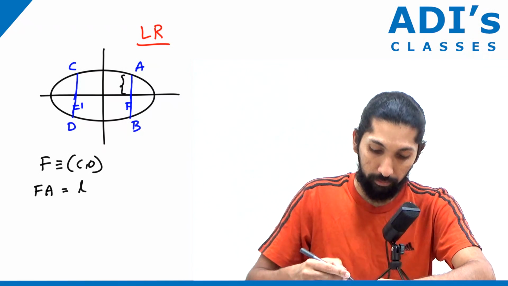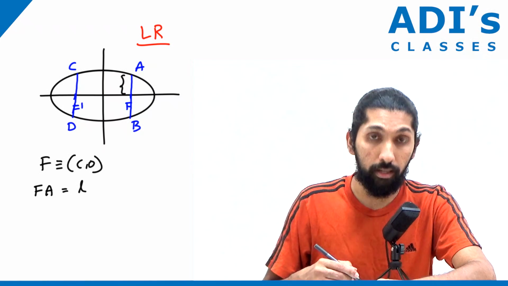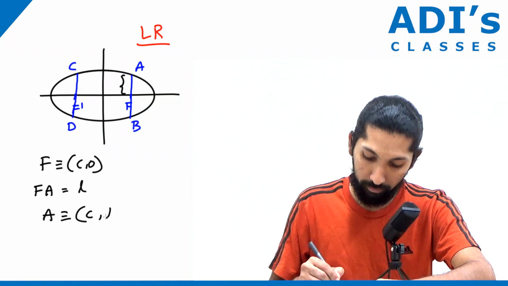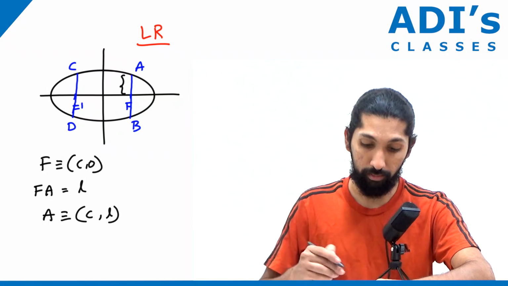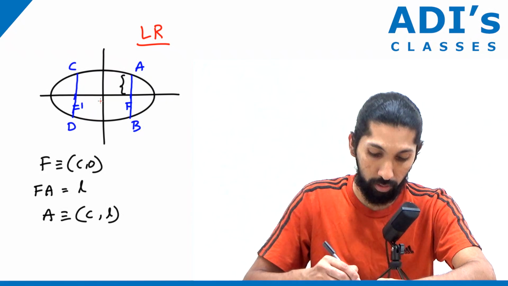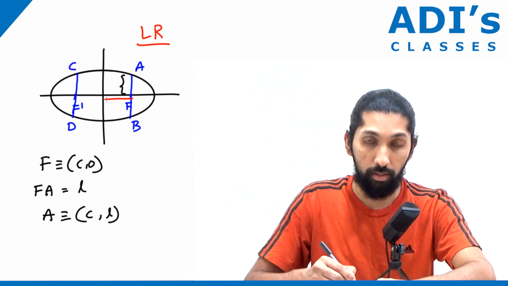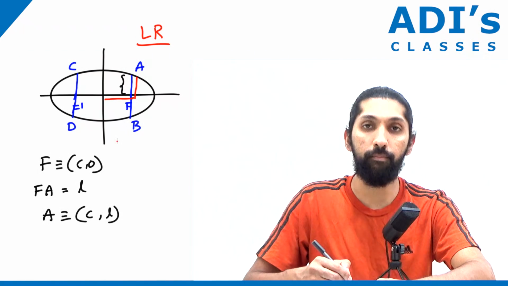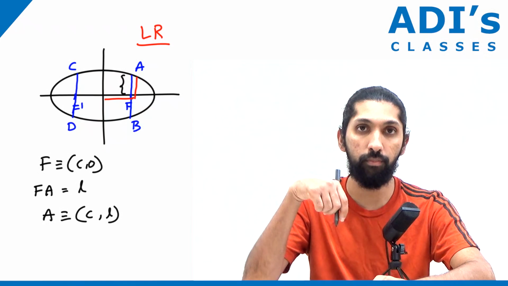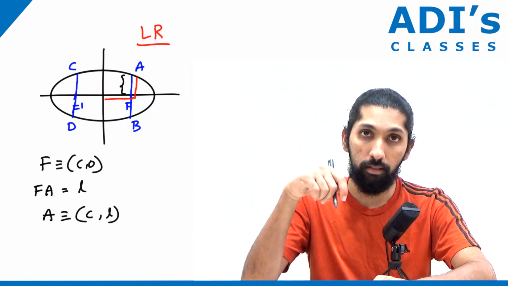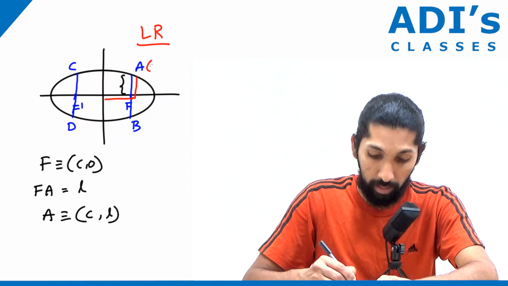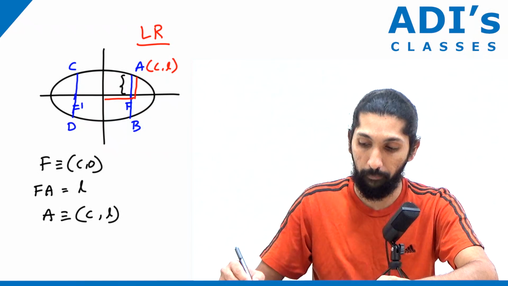For that, the coordinates of A are going to be (c, L). Now let me explain why this is (c, L). To come to point A, first from origin O, you move to F. Then from F, you move to A. So O to F is c, and F to A is L. So the coordinates of A have to be (c, L), isn't it?